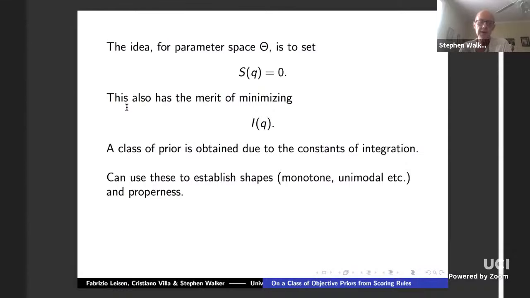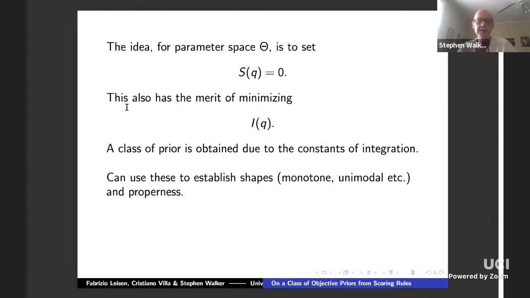So as I said, our first thinking about this was, well, if we're trying to be objective, why would we think anything other than setting the score function to be a constant? The actual constant doesn't matter. That's because the normalizing constant for the density soaks up any arbitrary constant we make S_Q to be.